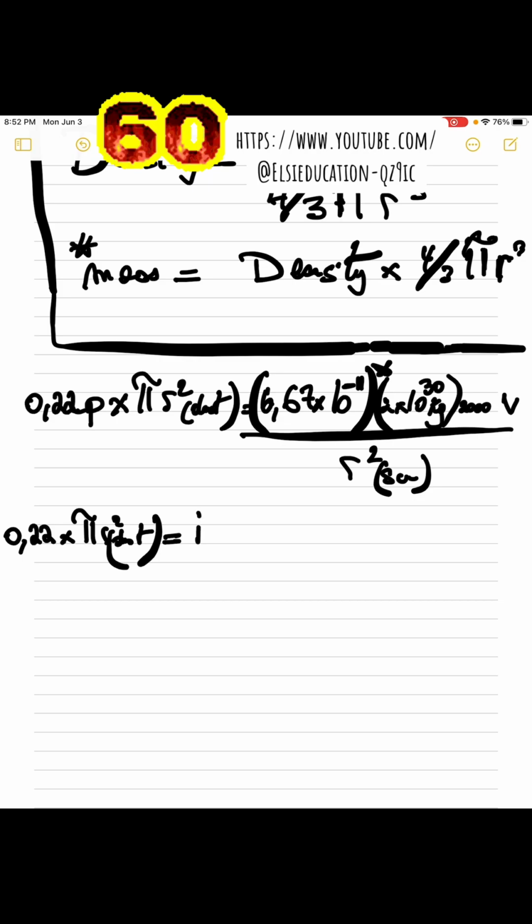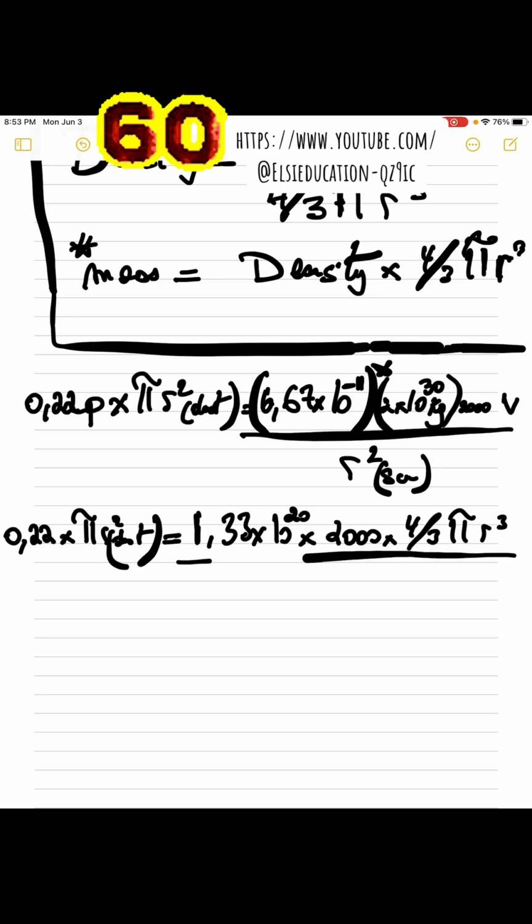It will give us 1.33 times 10 to the power of 20, multiplied by 2000, multiplied by 4/3 pi r cubed, divided by the radius of the sun.